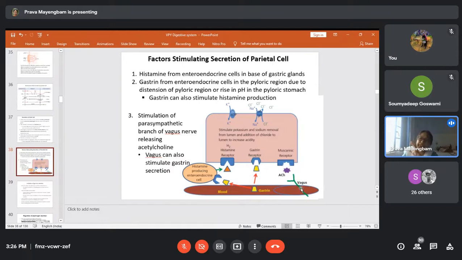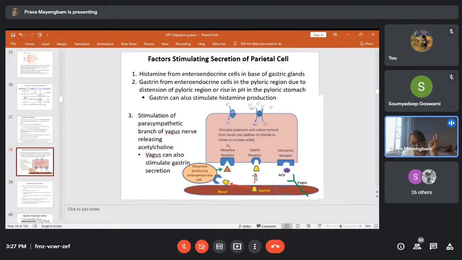So whenever there is parasympathetic nervous system stimulation, there will be more HCl production, through acetylcholine release, through gastrin release, gastrin acting onto the parietal cell for HCl secretion, and gastrin acting onto the histamine producing enteroendocrine cells for producing more histamine. More histamine production means more HCl production.